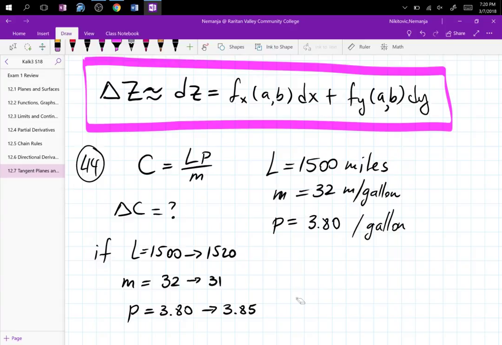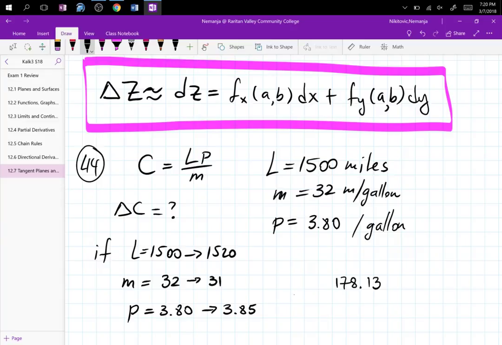So if I have the original state, the planned situation, which is 1500 times the price of the gas, $3.80, divided by 32 miles per gallon, we are looking at the cost of the trip to be $178.13. Now I redo the same calculation with new numbers.